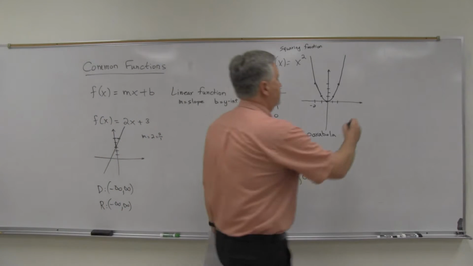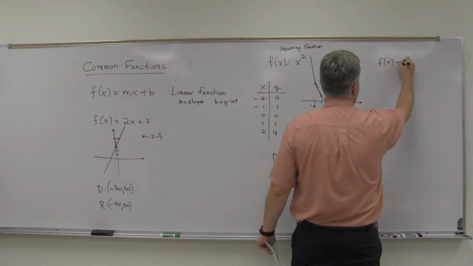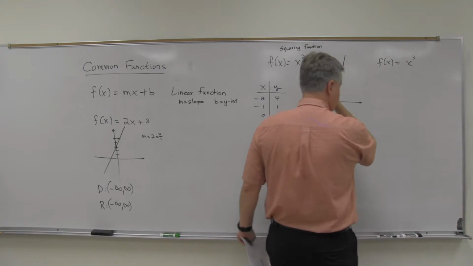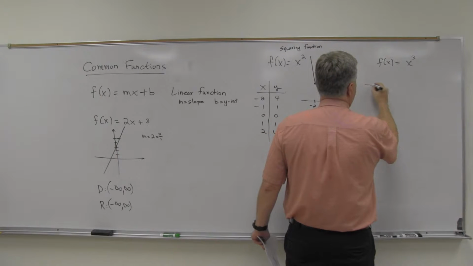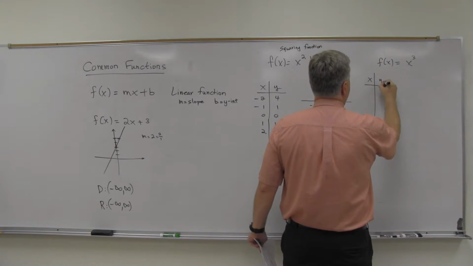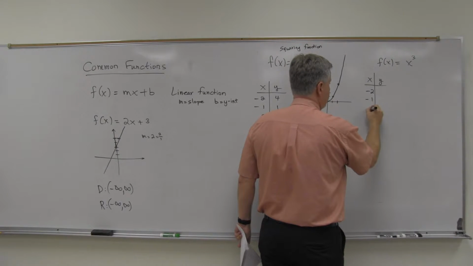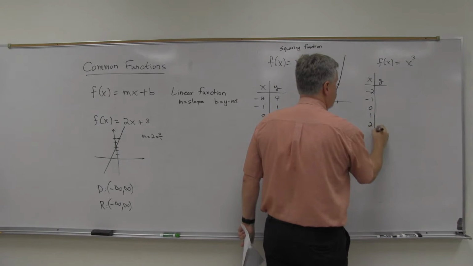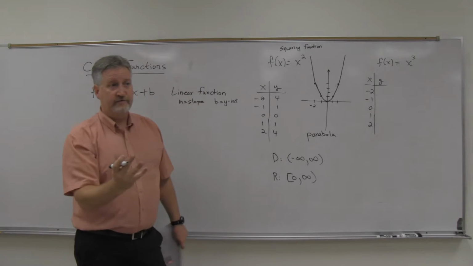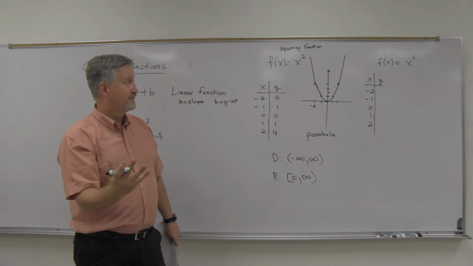All right. A few others. f of x equals x cubed. As far as the table goes, on the x cubed, what's going to happen as far as the y values? When I do a negative x value, what's going to happen to the y value?